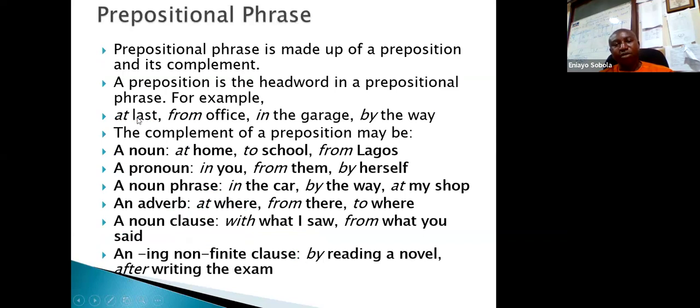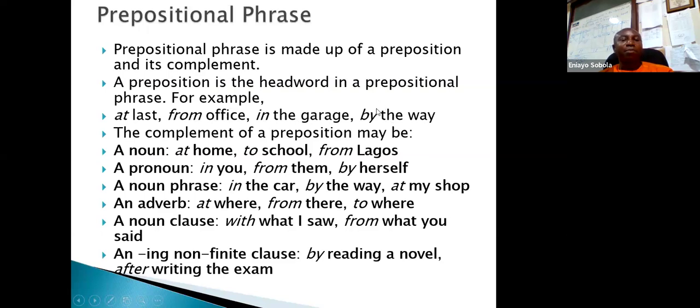At is a preposition, while last is the complement. From office. From is a preposition, while office is the complement. In the garage. In is the preposition, while the garage is the complement. By the way. By is a preposition, while the way is the complement.